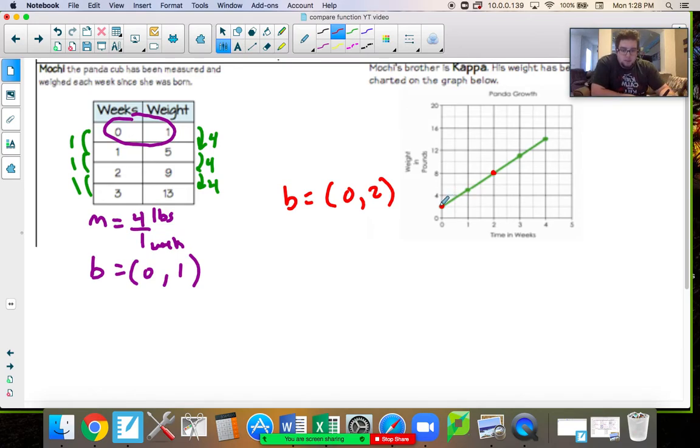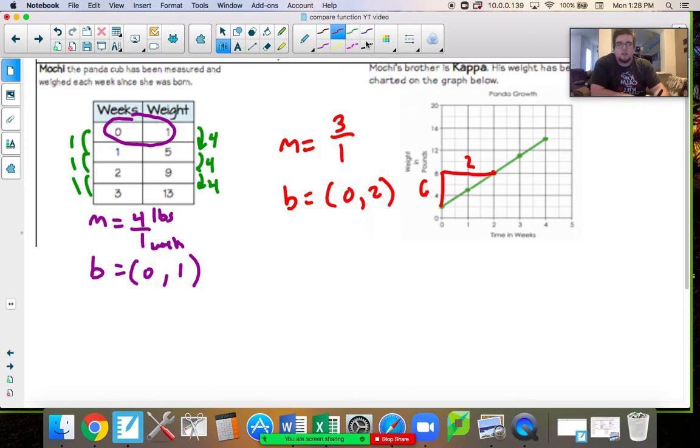No. So from here to here, we went 2, 4, and so we got to be careful about the scaling of this one. So our rise goes up 6, and then over 4 squares, but really according to the scale, we only went over 2. So Kappa gained 3 pounds every week.